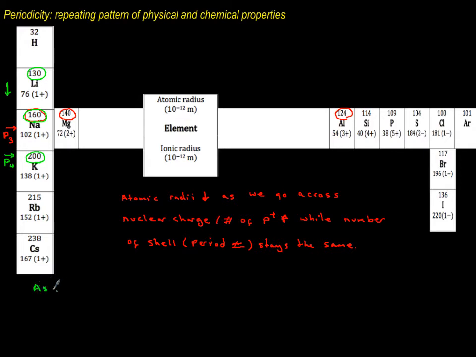So as we go down a group, atomic radii simply increases. Why is that? You should just remember, because now you're simply having more shells of electrons.